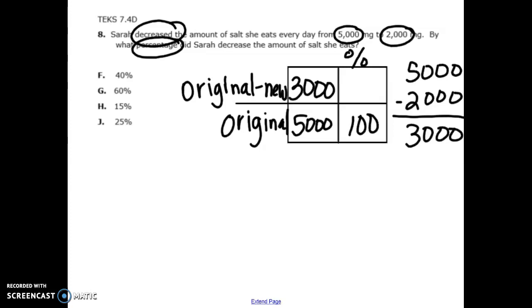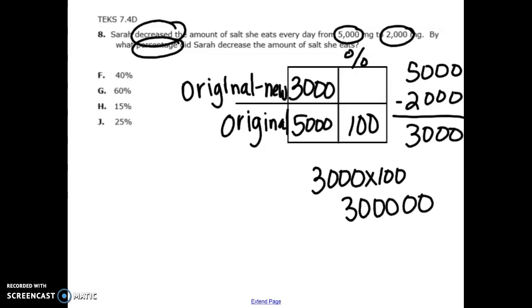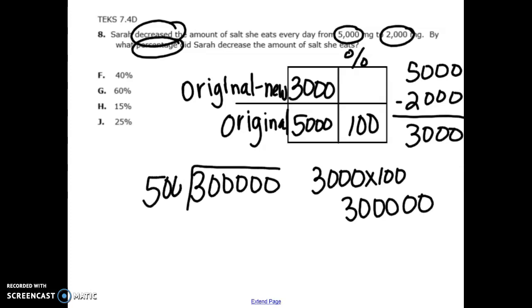So we have to multiply 3,000 times 100, and we will get 300,000, and 300,000 divided by 5,000 will give you 60. So the answer to this one is 60%.